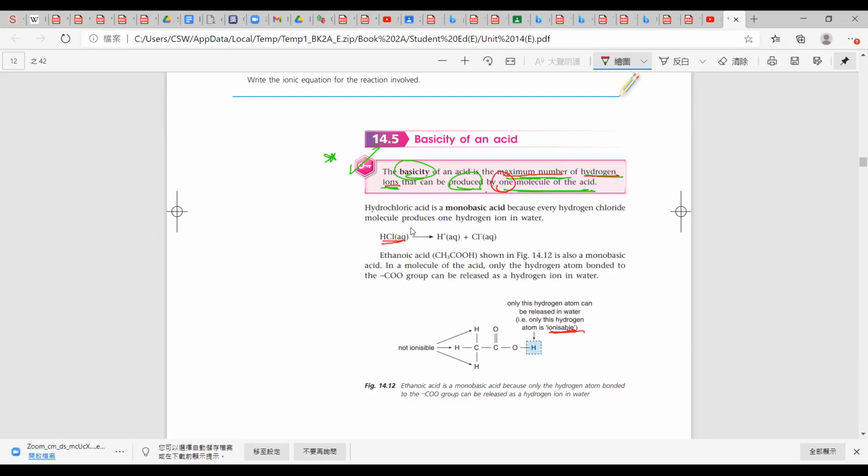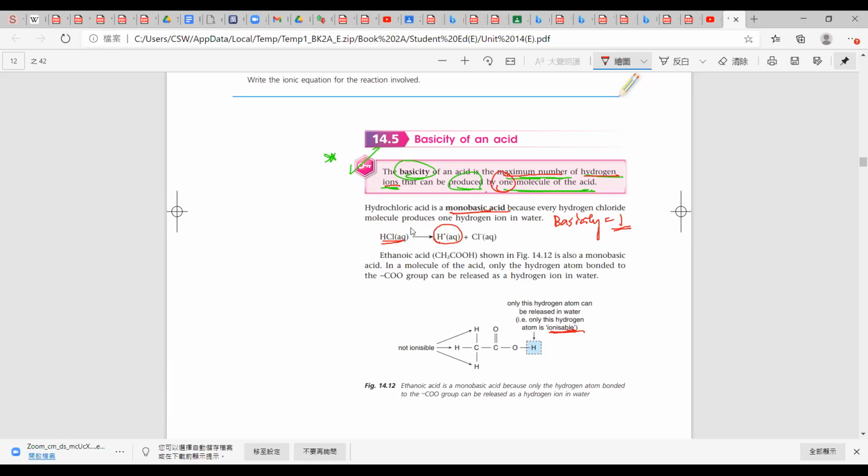Once it dissolves in water, it will fully ionize to form hydrogen ions and chloride ions. So per acid molecule, one hydrogen ion is released. We call that a monobasic acid, or we say the basicity of the acid is one.